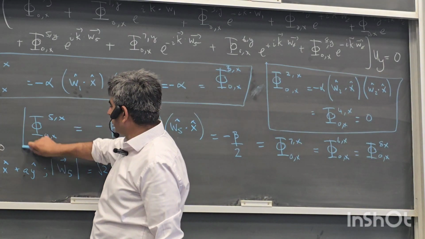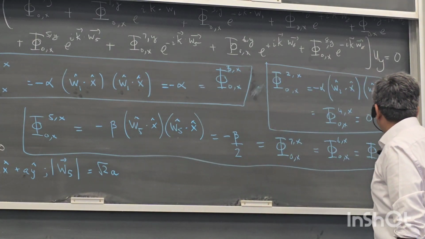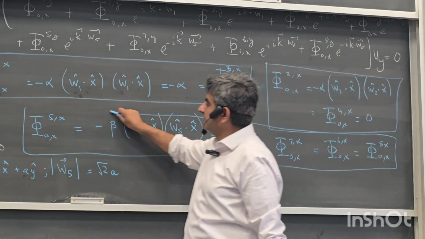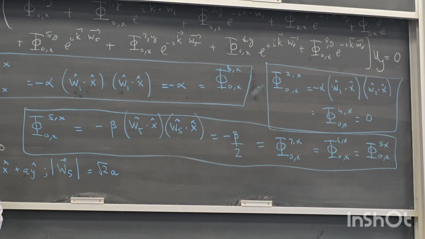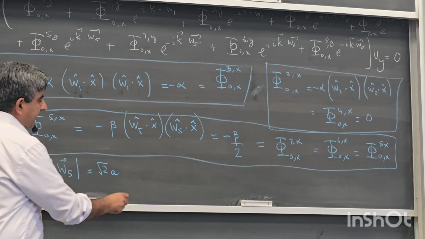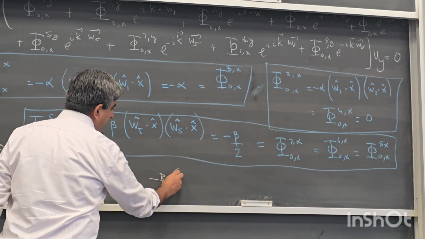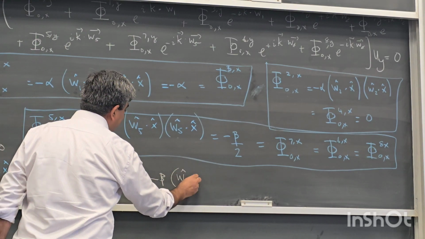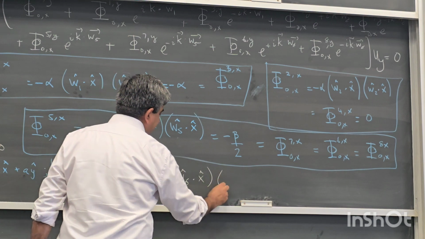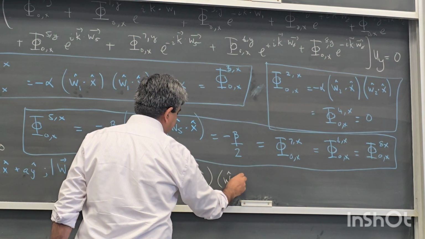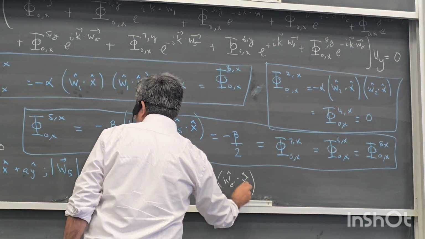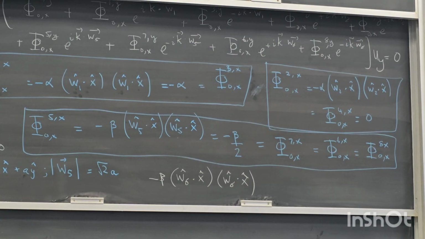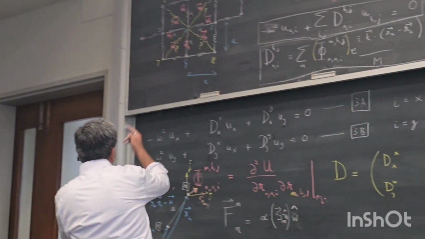We can check this. Let's check this for, say, 6x. For 6x, minus beta omega 6 w6x, w6x. Now w6 is which vector? Is minus ax plus bx.